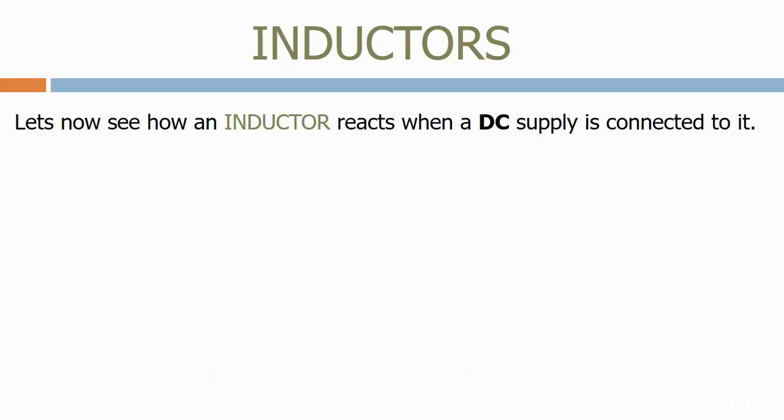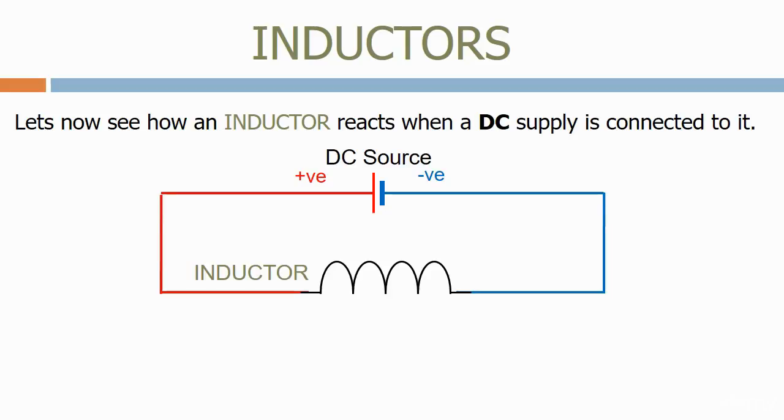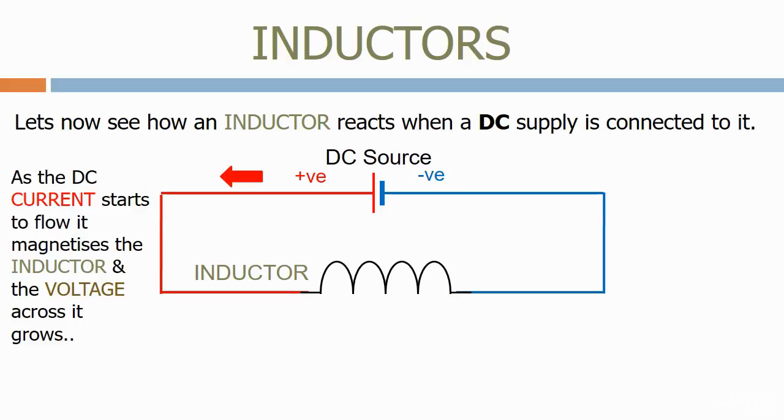Let's now see how an inductor reacts when a DC supply is connected to it. Here we have an inductor connected to a DC source with a positive and negative connection. As the DC current starts to flow, it magnetizes the inductor, and the voltage across it grows.